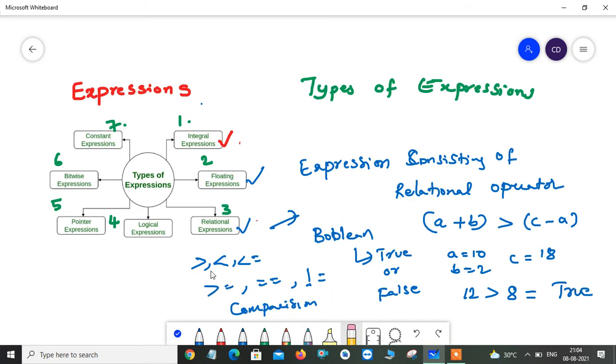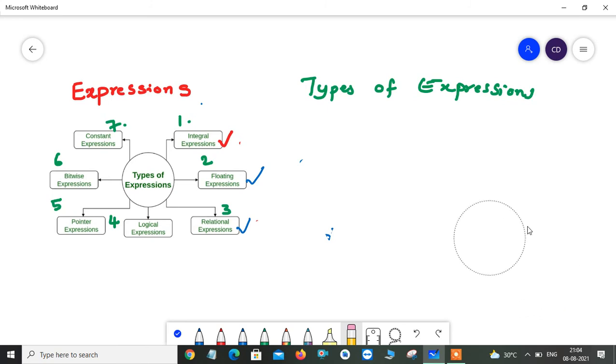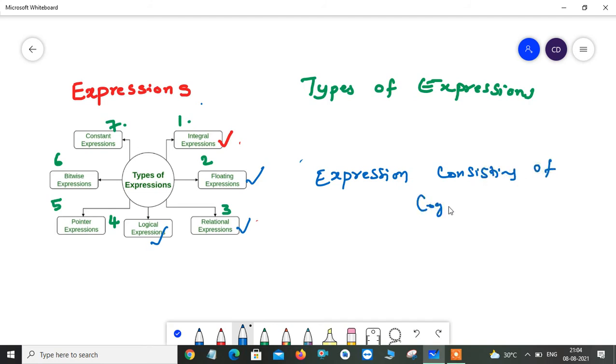Now coming to our next type of expressions, that is the logical expressions. The fourth one is a logical expression. The expression will consist of logical operators.